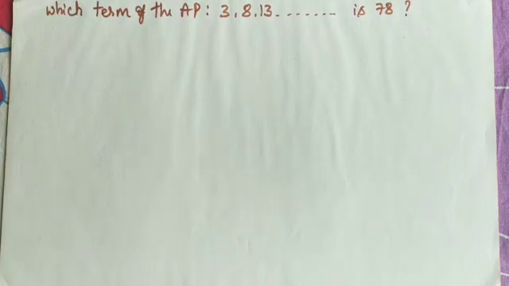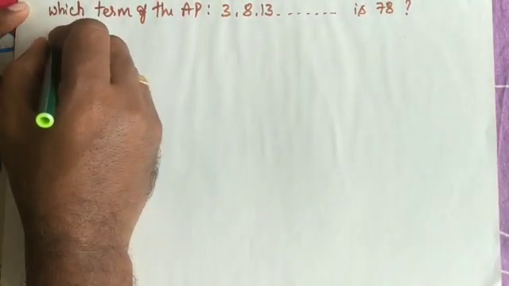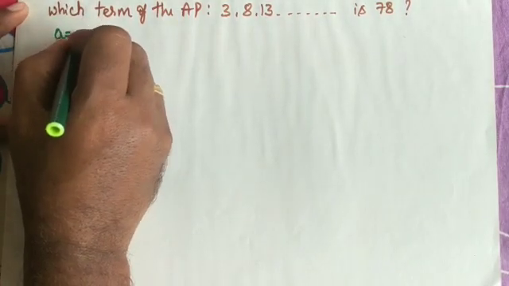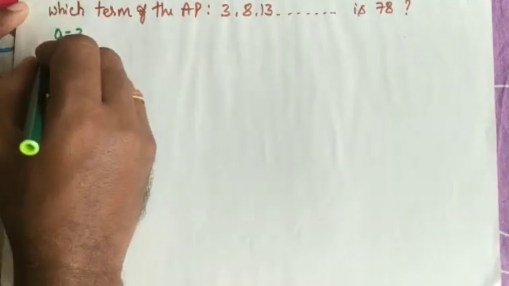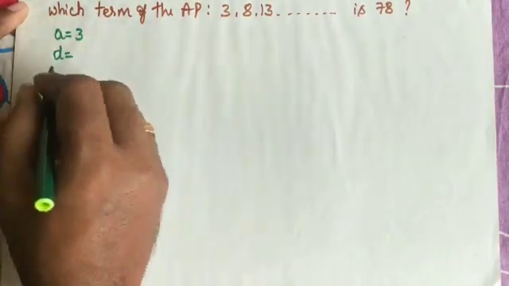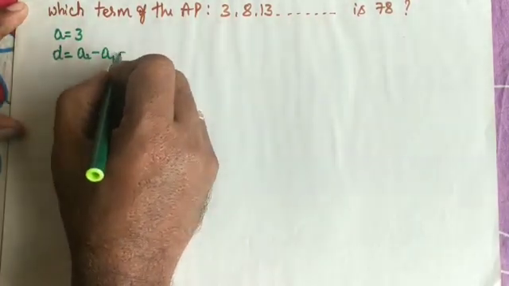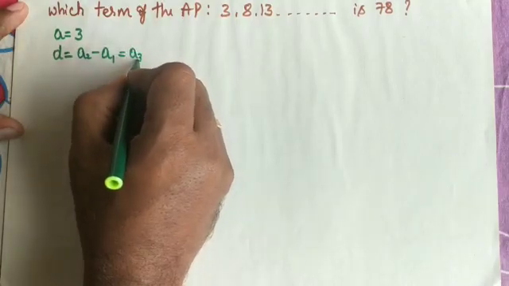What is the number of the term 78? To calculate this, we know that the first term of the given AP is 3, and the common difference d, we will calculate as a2 minus a1, which is also equal to a3 minus a2.